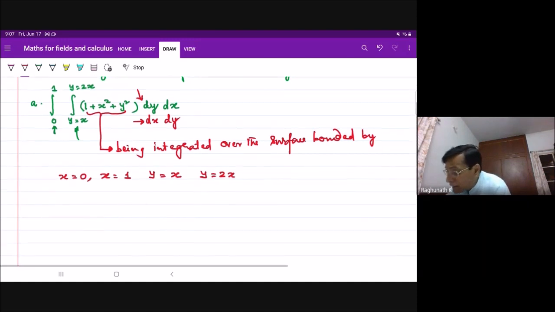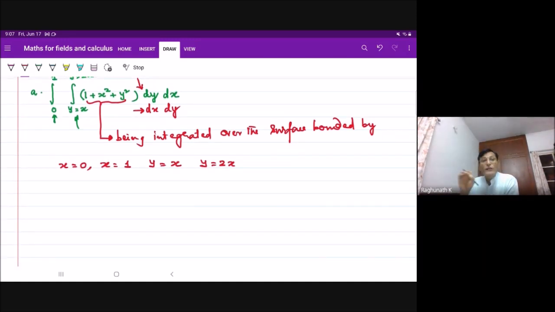Let me put the region, because describe the region of integration is what the question asks.